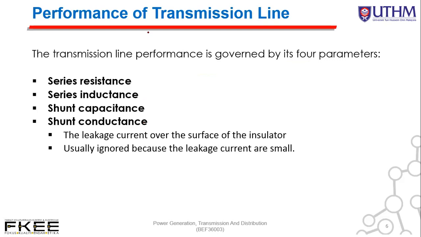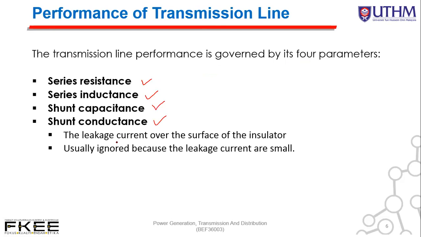In terms of performance of transmission line, the transmission line performance is governed by 4 parameters. So we know that in an electric system, there must be a series resistance and also inductance, shunt capacitance, and shunt conductance.